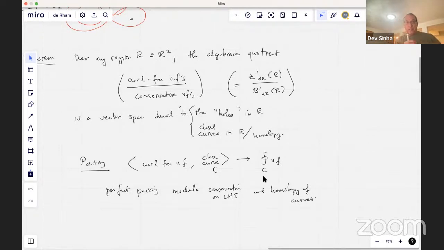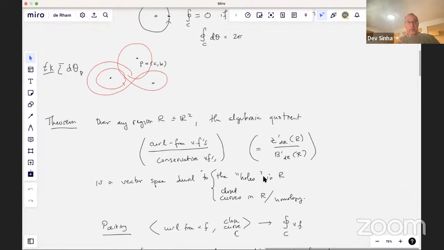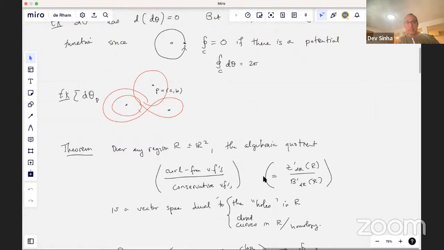And you see that the topology of the region would tell us, if we want to think of this d theta sub P as some kind of magnetic charge at the point P that's causing this to go around. And if you look at the formula, by the way, it blows up at P. You have to have that in order for the integral around a large curve or a small curve to be the same.